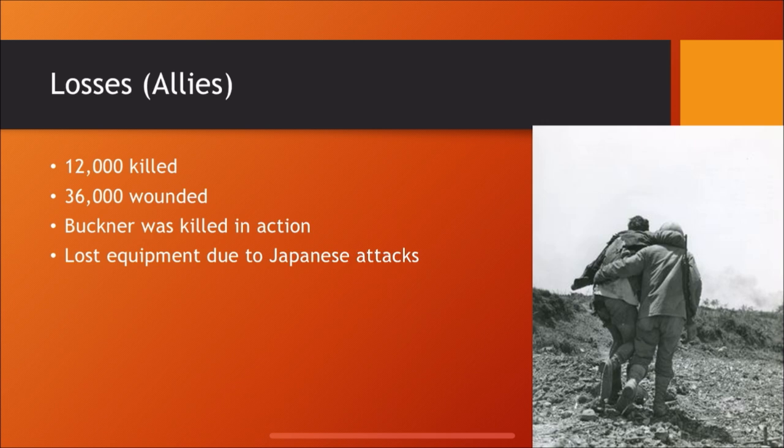They had about 12,000 men who were killed in this battle. 36,000 were wounded. Additionally, the United States lost Lieutenant General Simon Bolivar Buckner Jr., who was killed in action. Although they would win the battle just a few days later, this was still a devastating loss for the Allies.